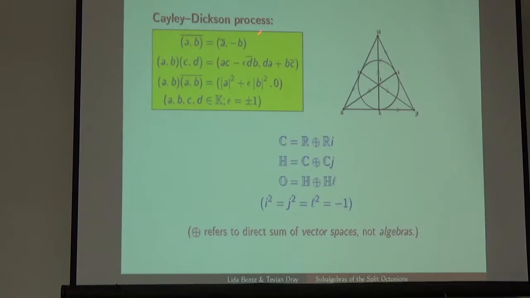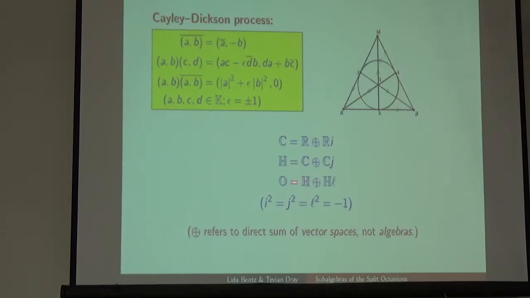If you think about this process, it is just a formalization of the way you already know how to get from the reals to the complexes by adding another copy of the reals multiplied by i, or from the complexes to the Quaternions, again by adding another square root of minus 1, typically called j. And of course there's a third.